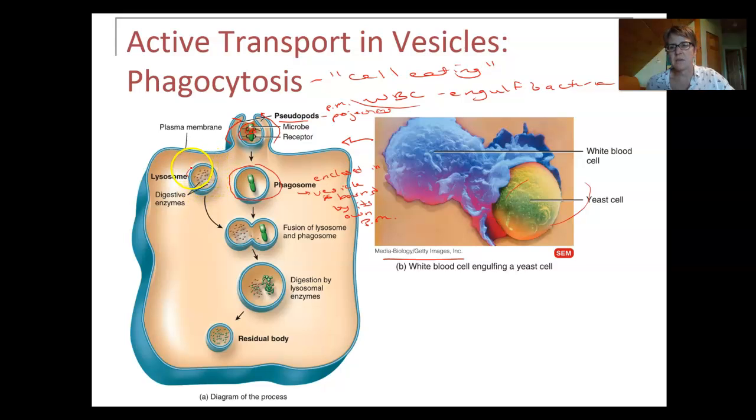But it's not, because inside my cell, I have these things that are called lysosomes, and I call them packets of nasty. What they have is they are chock full of little chemicals, little enzymes, peroxide, and they're little packets of nasty. And these two fuse together, so it's a fusion.